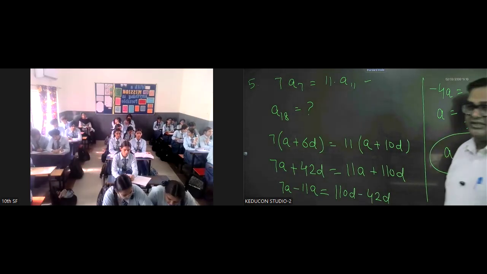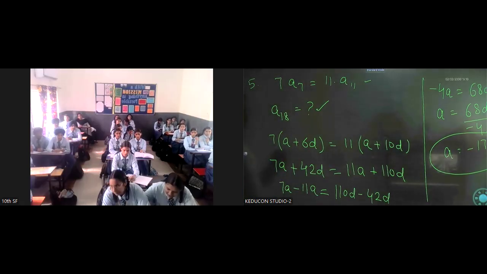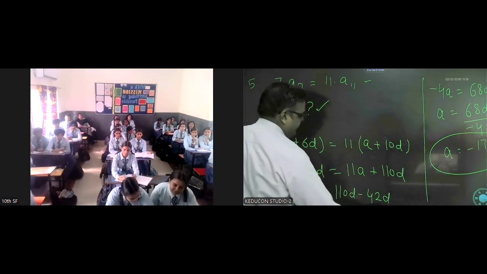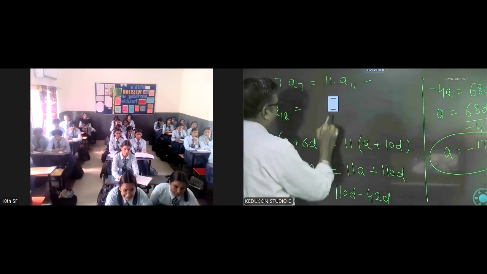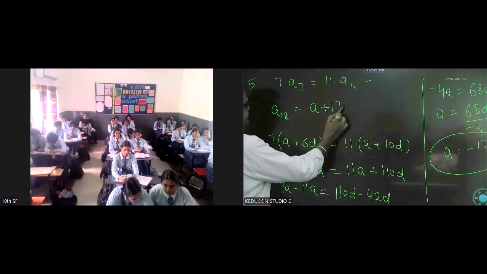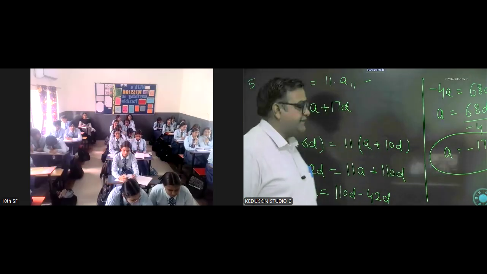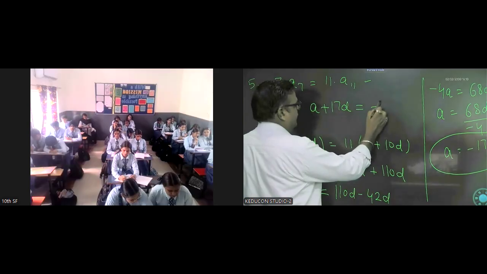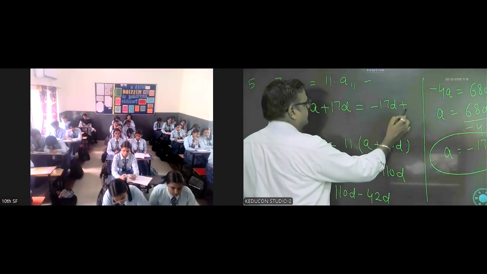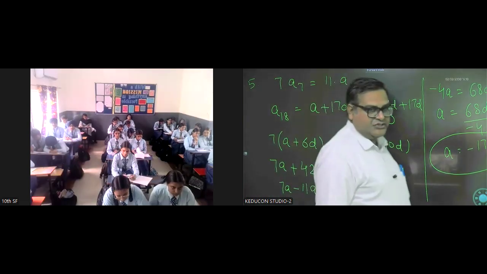Now use this relation to find out a18. Now what is a18, students? a18 will be a plus 17d. Put the value of a as minus 17d. The value of a is minus 17d plus 17d. The answer will be 0.